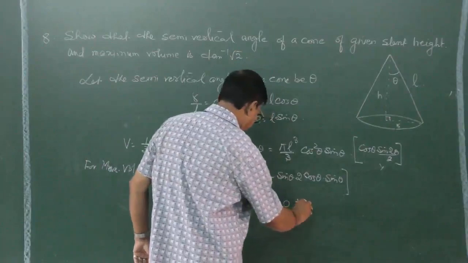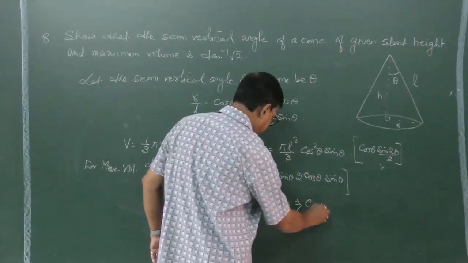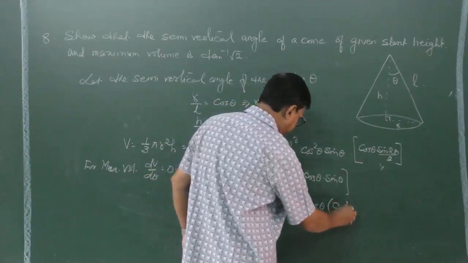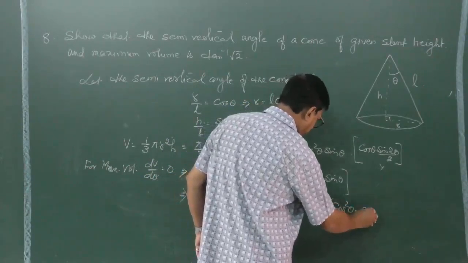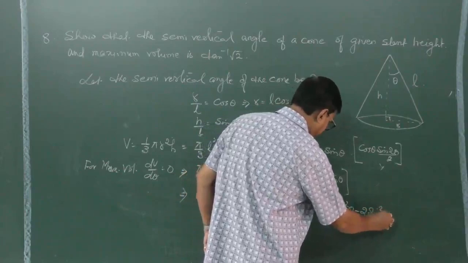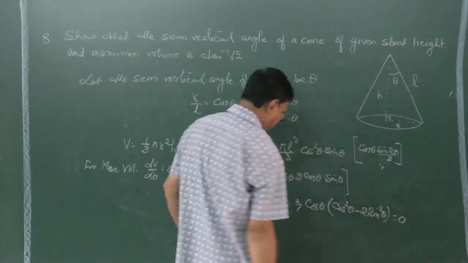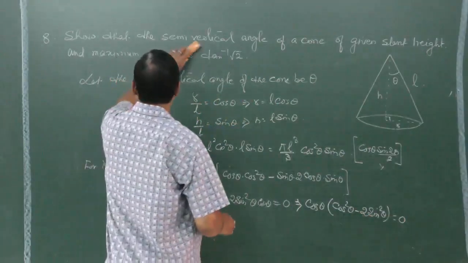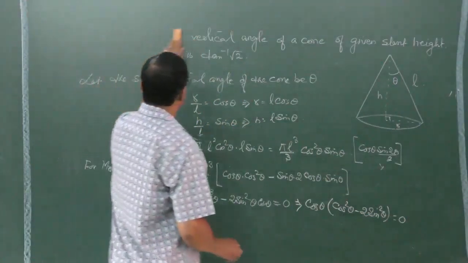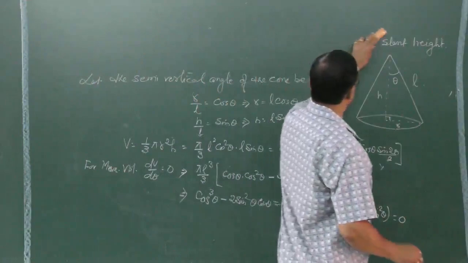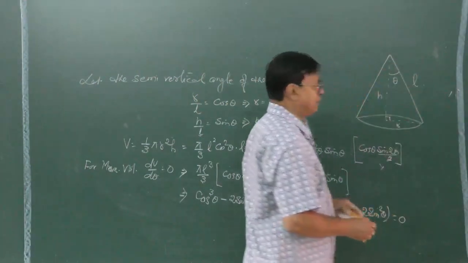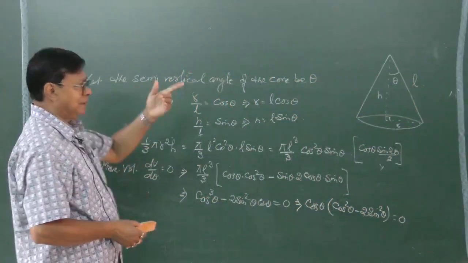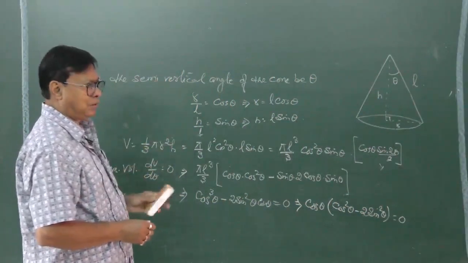So cos theta is common, we are left with cos square theta minus 2 sin square theta is equal to 0. Now cos theta can't be 0. If cos theta is 0, theta will be 90 degrees, and then it will not be a cone.